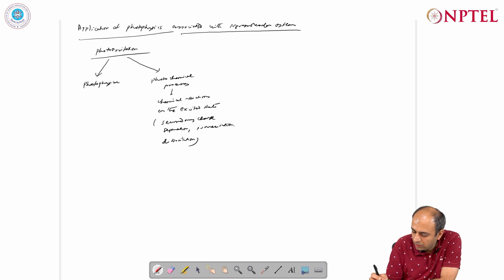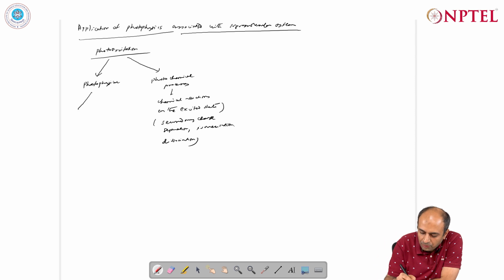These kinds of photochemical reactions can take place in the excited state where a charge can be transferred from the donor molecule to the acceptor molecule, as has been observed also in the process of photosynthesis. We can have trans-cis isomerization in the presence of light, and we can also have dissociative processes such that the weak bonds in the molecule can break.